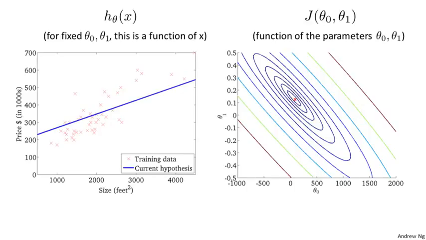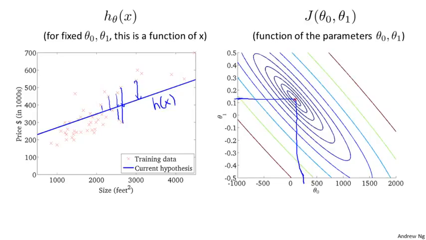So this is not such a bad fit to the data, where for a particular value of theta 0 and a particular value of theta 1, we get a particular h of x. And so the sum of squared errors, the sum of squared distances between my training examples and my hypothesis, is pretty close to the minimum, even though it's not quite the minimum.